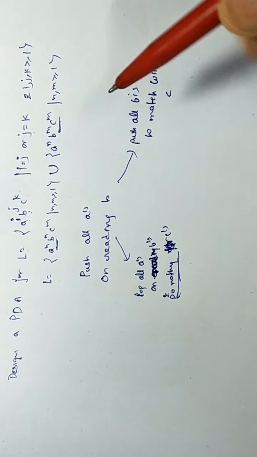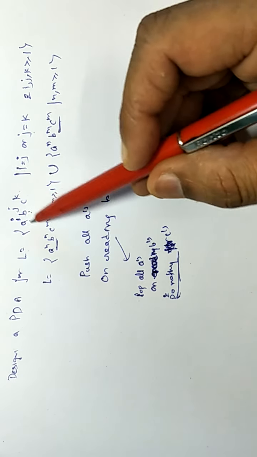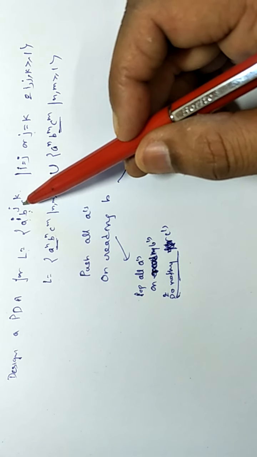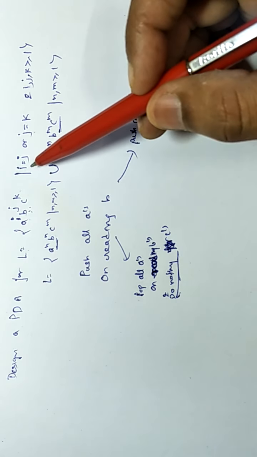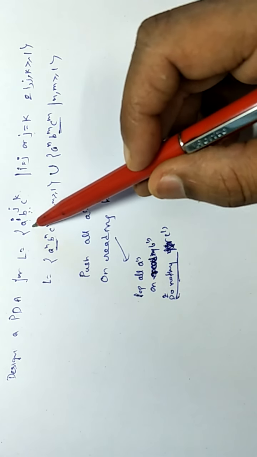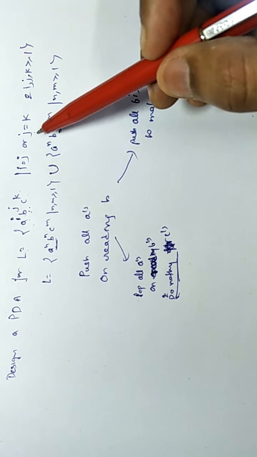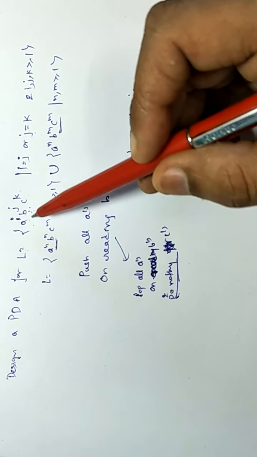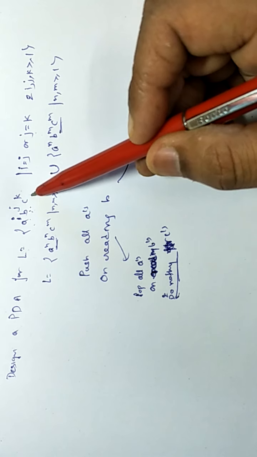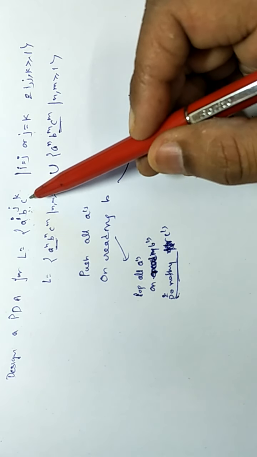So what I am doing, I am pushing all a's first. Once I read b, I have to take a decision on reading b. Either I am going to do i equal to j, which means on reading b I have to pop a, or I am going to do j equal to k, which means on reading b I have to push b so that I can match them with c's, and I don't care about a.